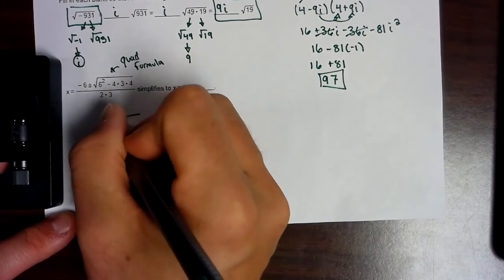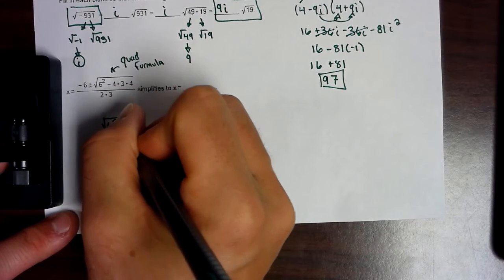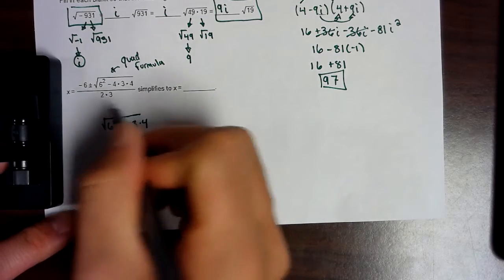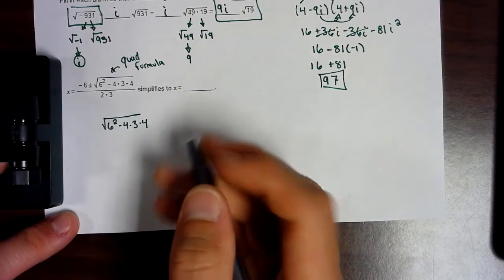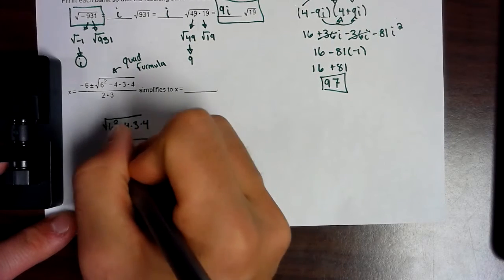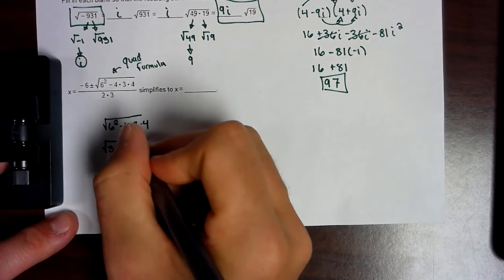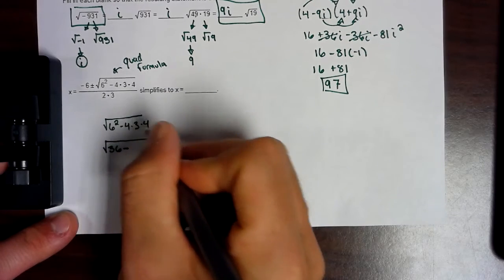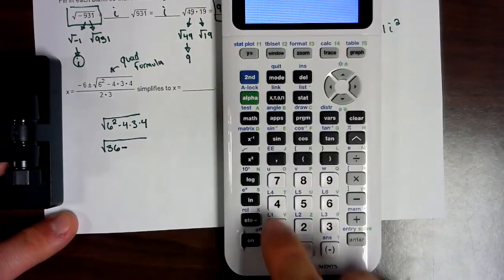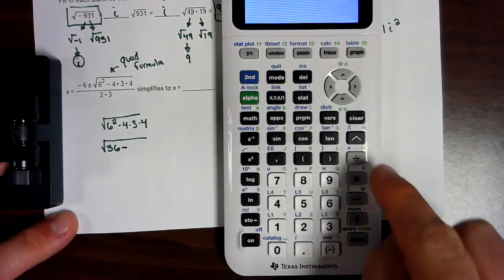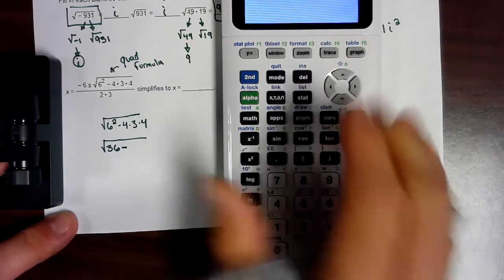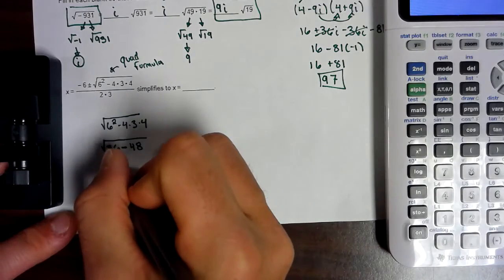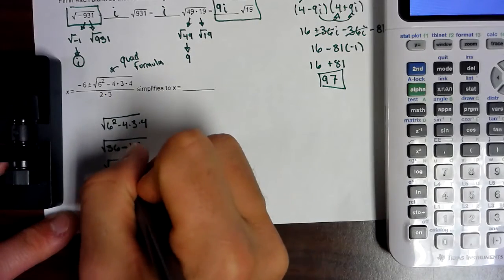I'm going to rewrite that square root down and work on simplifying it before I do anything else with that whole equation. So 6 squared I know is 36. And then this is 4 times 3 times 4, which is 48. So minus 48. So really we have the square root of negative 12.